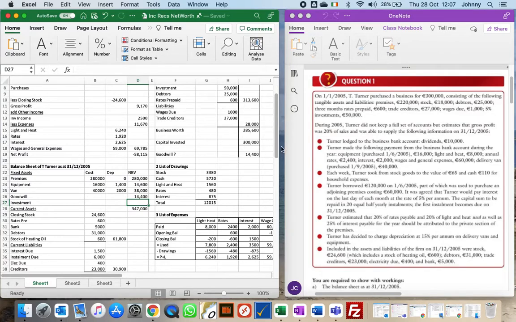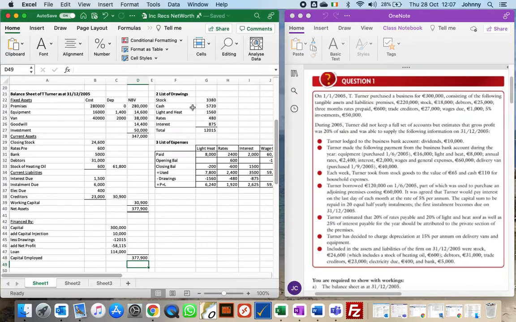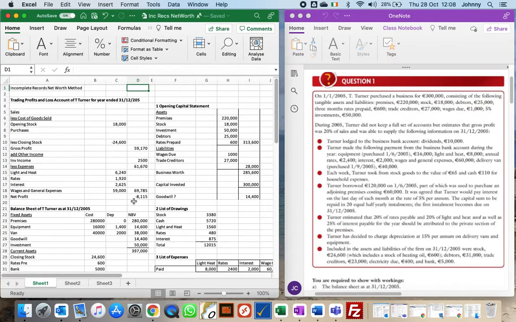And the investment was, at the beginning of the question, 50 grand. And that needs to be included in that. So we still end up with a net loss, but the net loss isn't as bad as it was before.